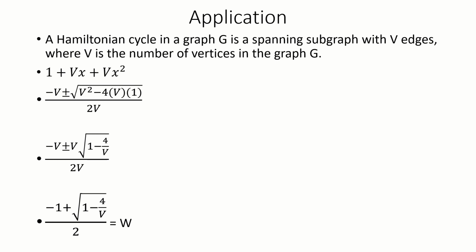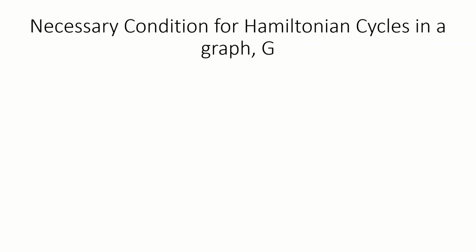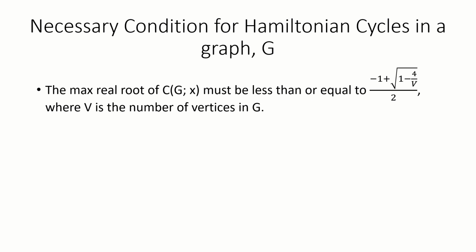So, if the max real root of the clique polynomial of the original graph is greater than that number, we would have a contradiction with the theorem we just proved, that the max real root of a spanning subgraph's clique polynomial is greater than or equal to that of the original graph's clique polynomial. That means that if a graph contains a Hamiltonian cycle, its clique polynomial's max real root must be less than or equal to this number, where V is the number of vertices in the graph.